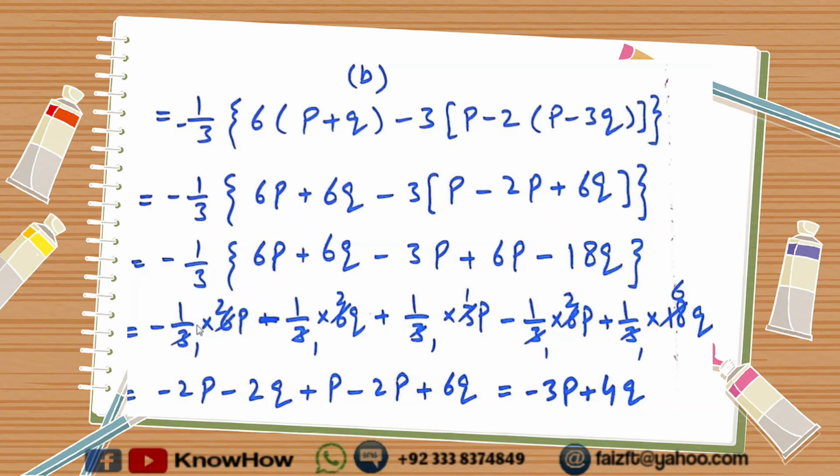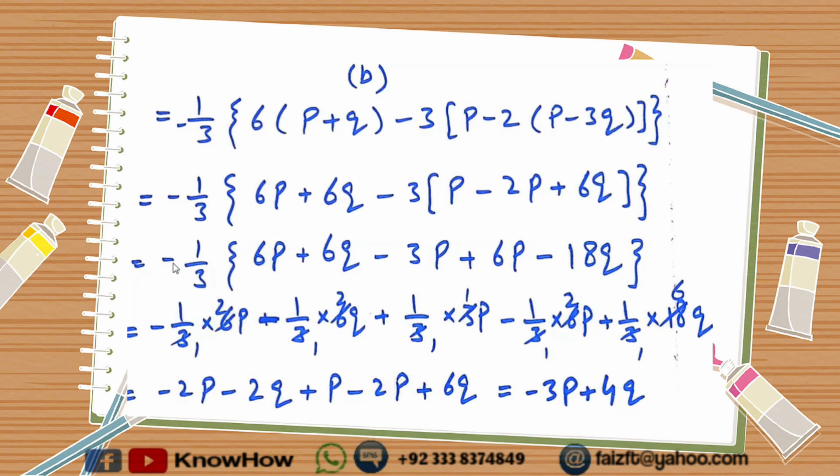This is one method: you can multiply minus 1 over 3 with 6p, then 6q, 3p, 6p, or you can do a simplification step, like all these p variables can be grouped up together, added or subtracted, q variables can be added or subtracted, and then multiplied with the minus 1 over 3. You can opt for any method.